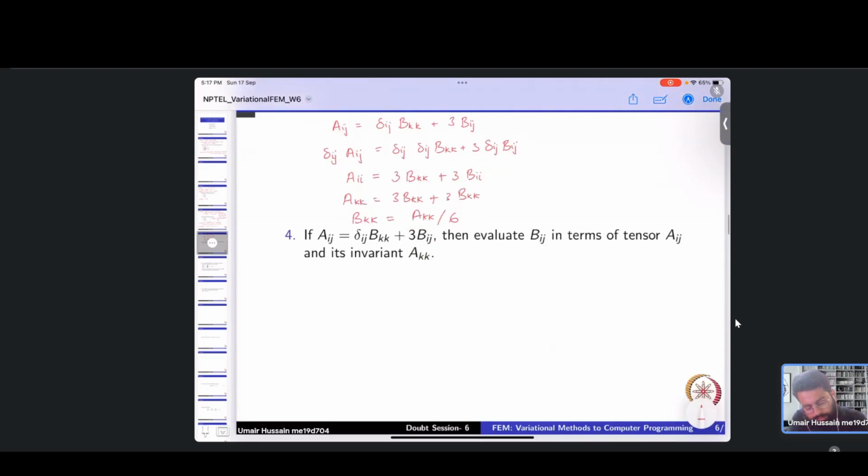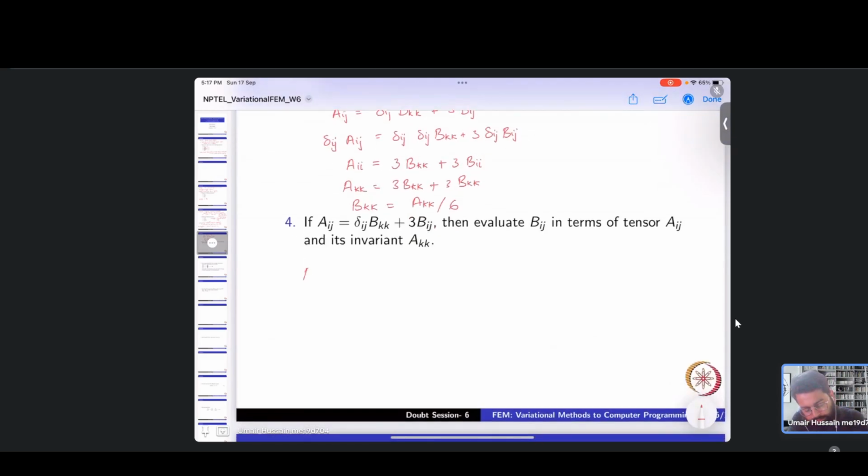So we substitute this back into our first main equation. We have aij equals delta ij, and for bkk we have akk by 6, plus 3bij. So we write this as 3bij equals aij minus delta ij akk by 6.